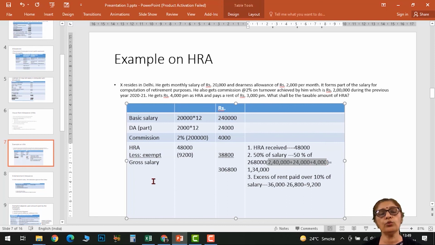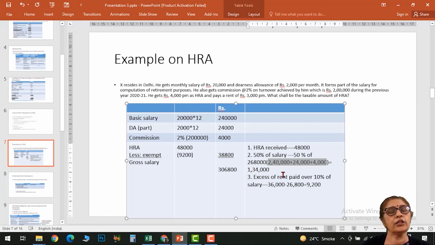And so do we also for leave salary and gratuity not covered under the Gratuity Act. So 2,40,000 plus 24,000 plus 4,000 is 2,68,000, 50% of that. Why 50? Because he is residing in Delhi. Okay. So this becomes 1,34,000. So first limit 48,000.